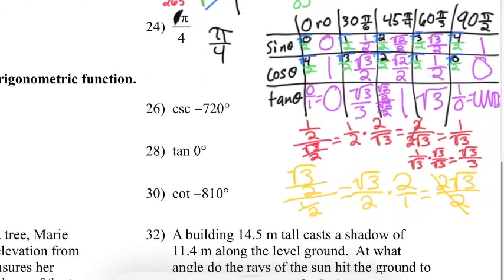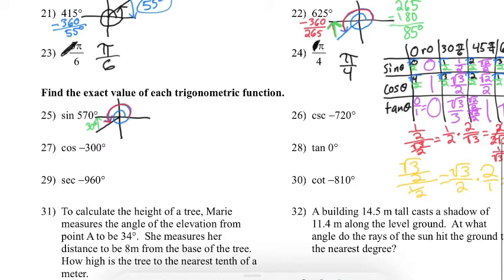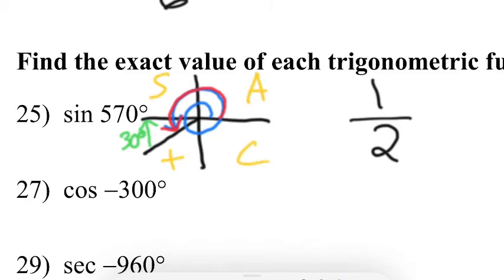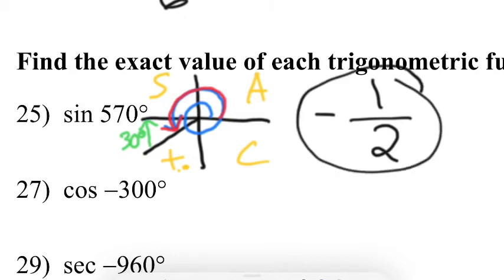So sine of 30 degrees is 1/2. Now we have to ask ourselves, is it going to be a positive 1/2 or a negative 1/2? Well, we've got all students take calculus. So only tangent is positive in that third quadrant. So sine is negative. So that is our answer.